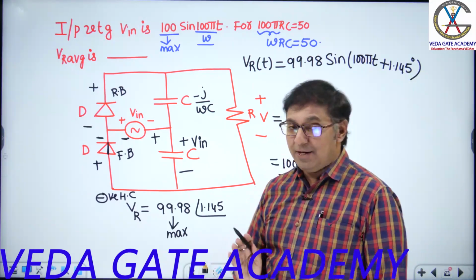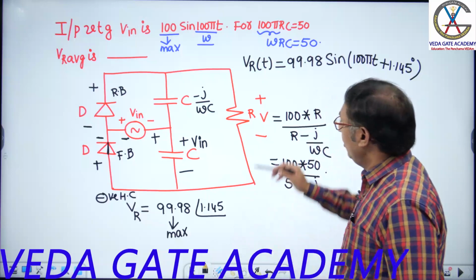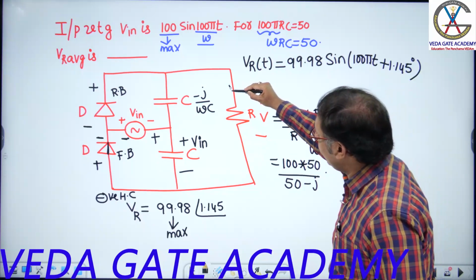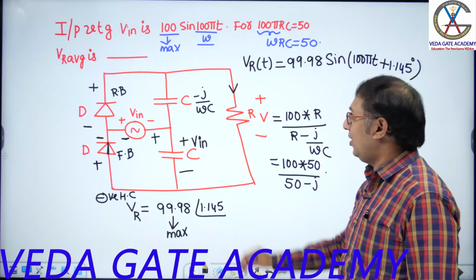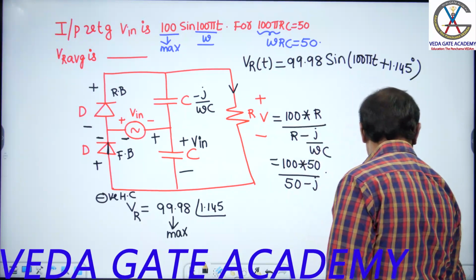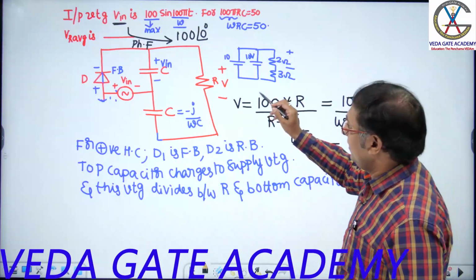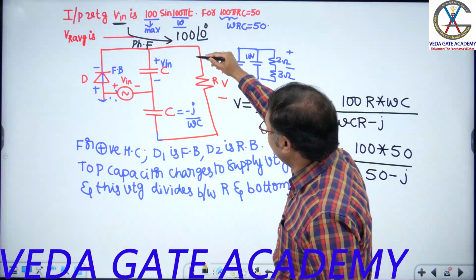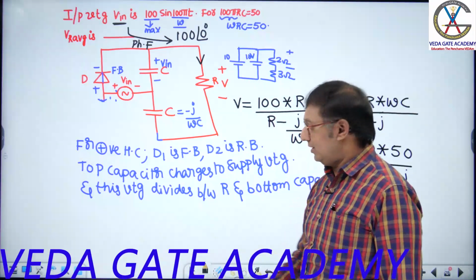Hope you observed. You tell me, what is the direction of current in the positive half cycle as well as the negative half cycle? Downwards, even here also downwards.